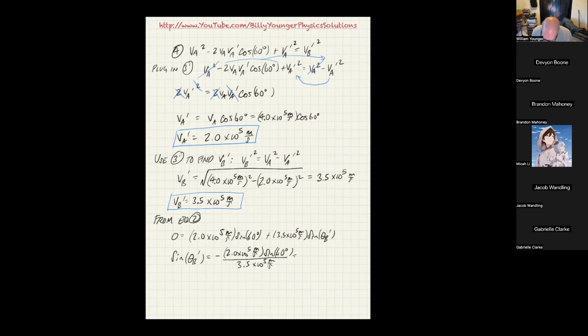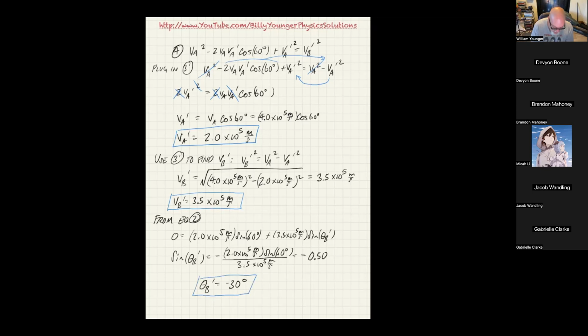And we end up getting essentially negative 0.50, which tells us that theta B prime is actually equal to negative 30 degrees, which is consistent with what I just told you a few minutes ago.